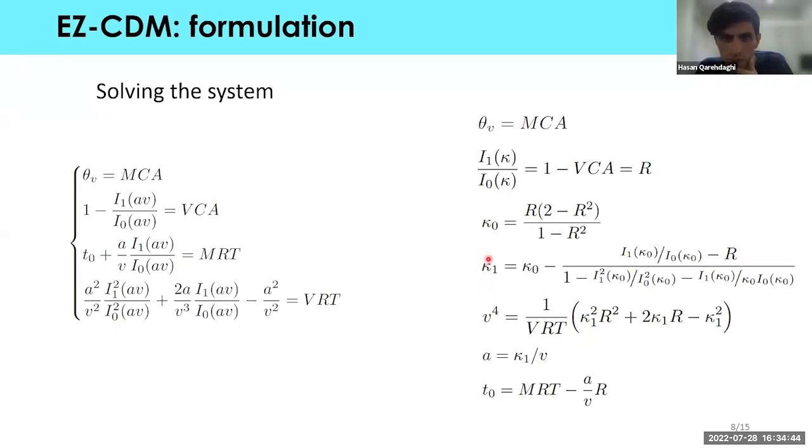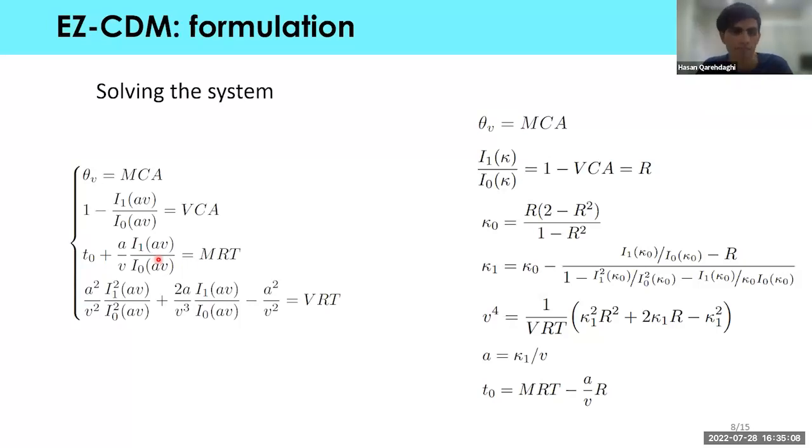So now we have kappa, and we can use the fourth equation. We can rewrite it in terms of V and kappa and solve it for V, which yields this. And now that we have V and kappa, we can calculate A from them and use the third equation to calculate T0, as we have all other variables.